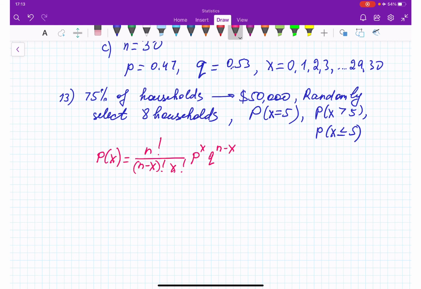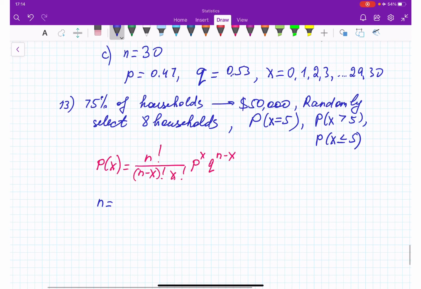We need n, p, and q, right? So our n is how much? It says we randomly select 8 households. So n is equal 8.